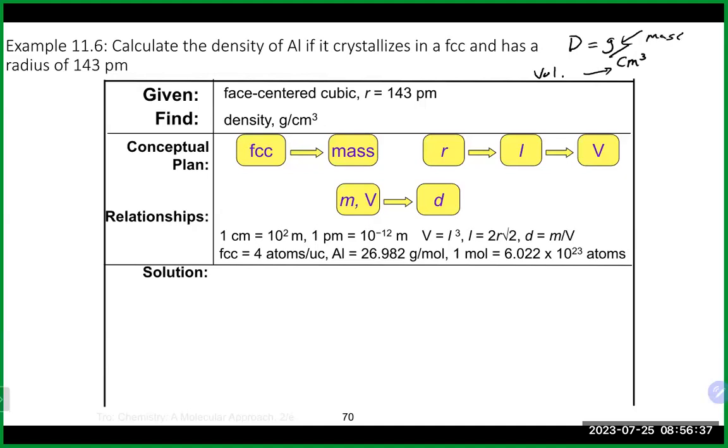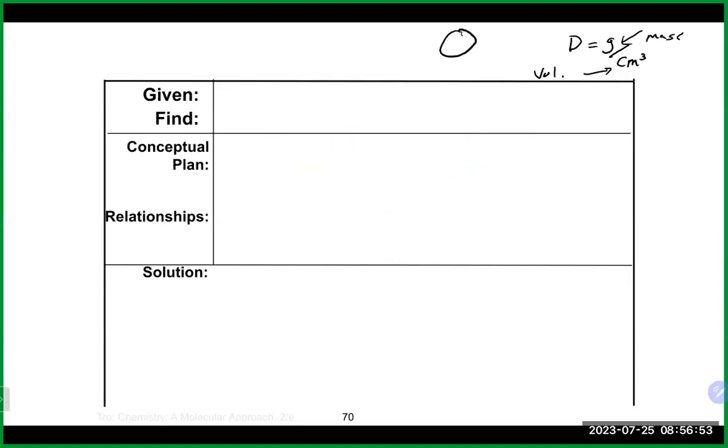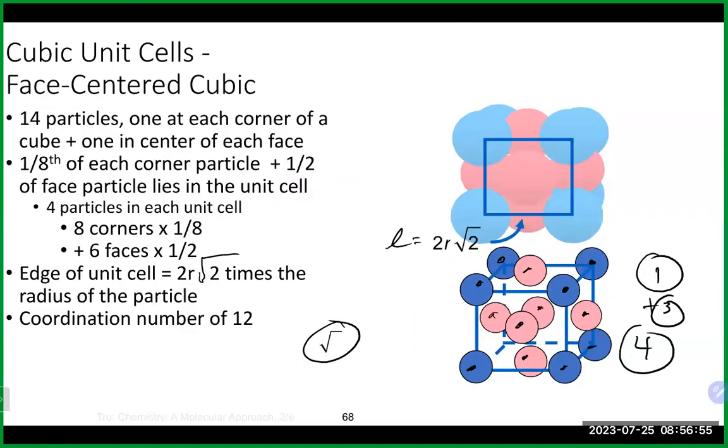So a couple of important things that we come across when we look at this is the way it actually crystallizes. Face-centered means that it crystallizes like this, as we talked about a second ago, which means the number of atoms we end up with is going to be 4 atoms in that unit cell.